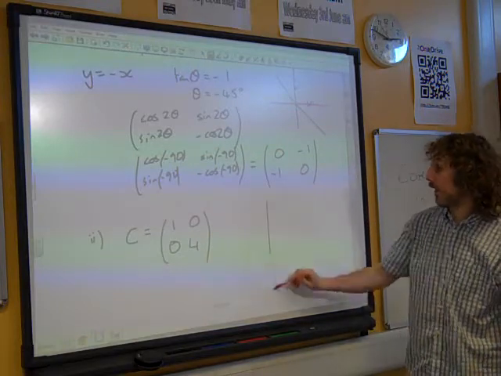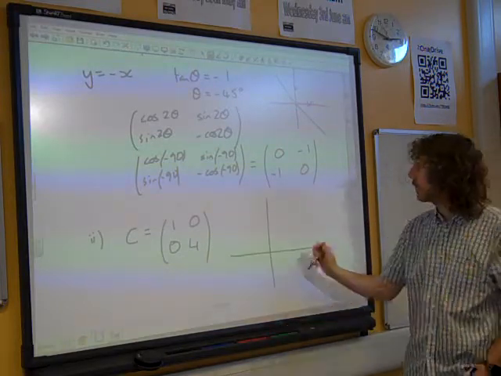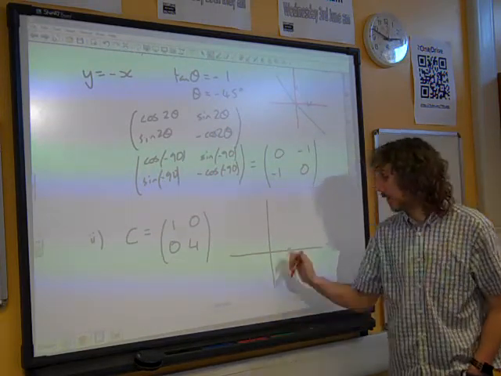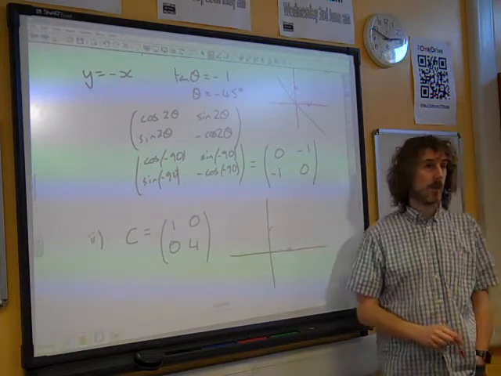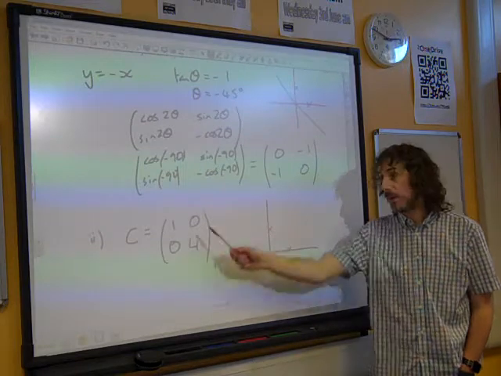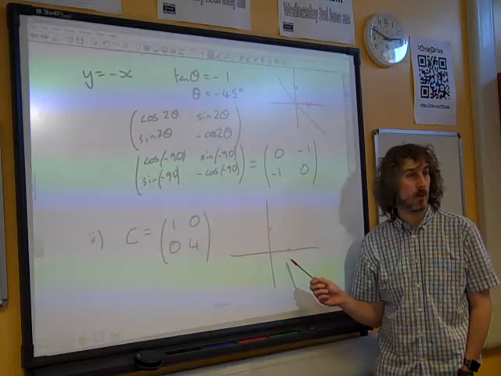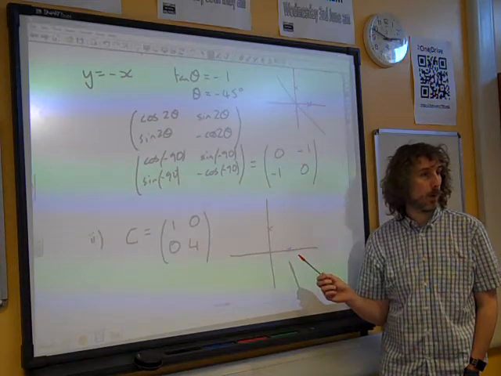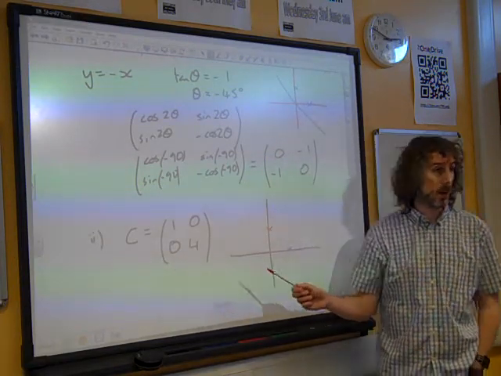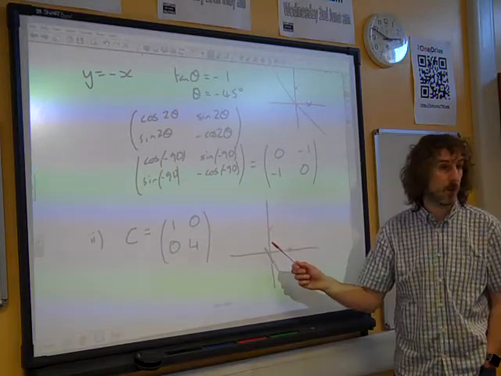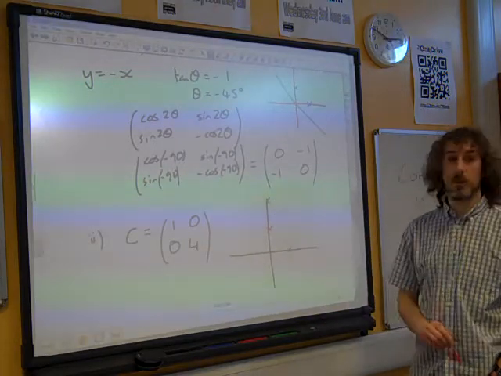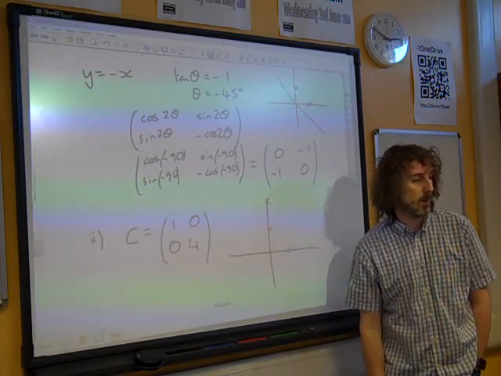But again, sticking with what Alex just said, after the transformation, the first column is where that point would end up. So the point 1, 0 ends up at 1, 0. The second column is where the point 0, 1 would end up. So the point 0, 1 ends up at 0, 4, up there somewhere.